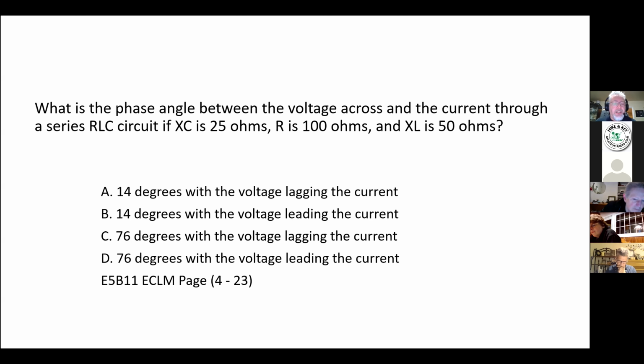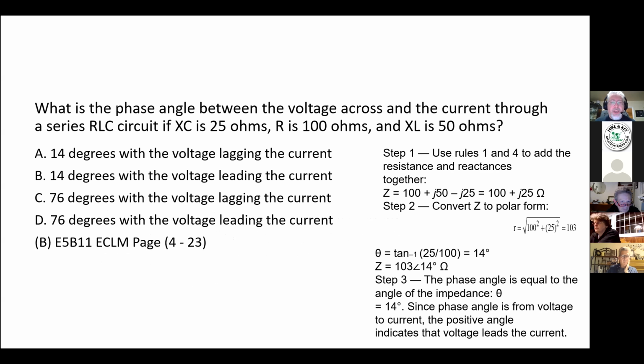C, 76 degrees with the voltage lagging the current. Or D, 76 degrees with the voltage leading the current. B. Baker is correct: 14 degrees with the voltage leading the current. Lots of fun steps there.